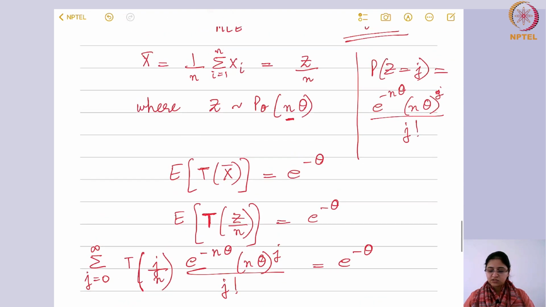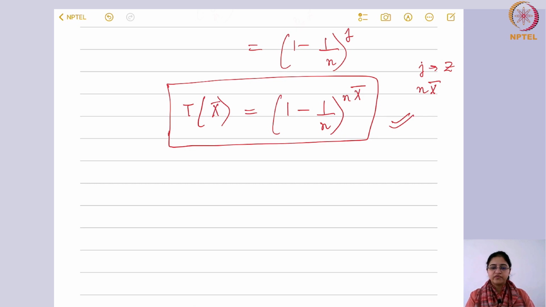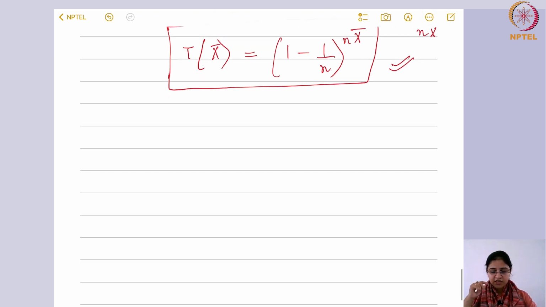Also, that indicator function estimator is not a good one because it is just taking two values at the ends, 0 and 1, and the parametric function itself is not defined on those. So this was the first example. Now let us consider the second one.